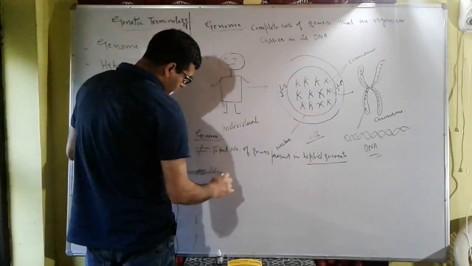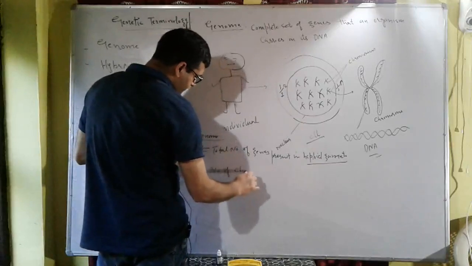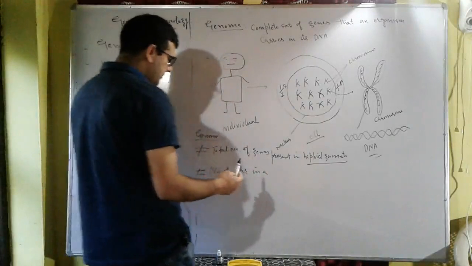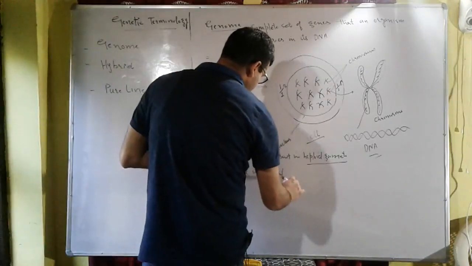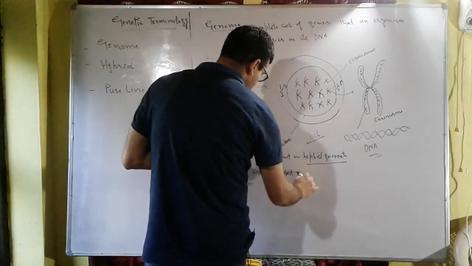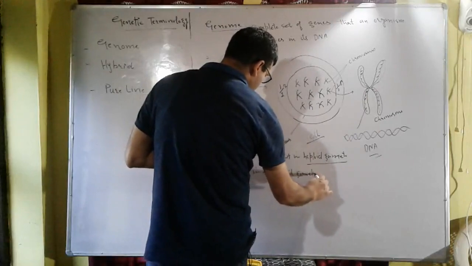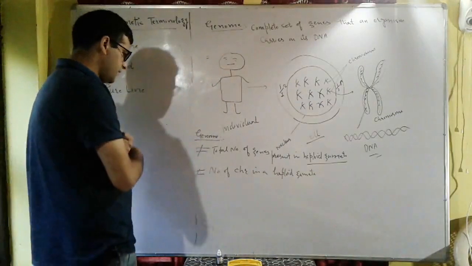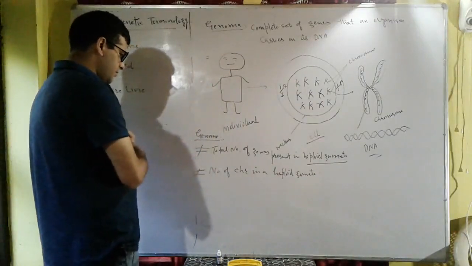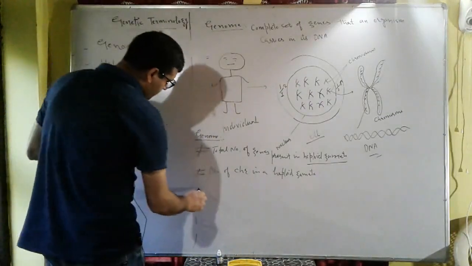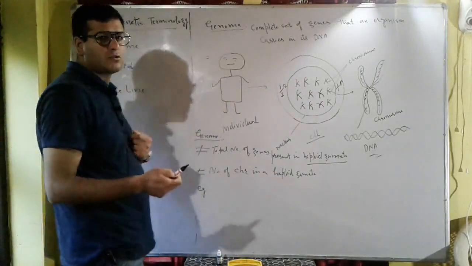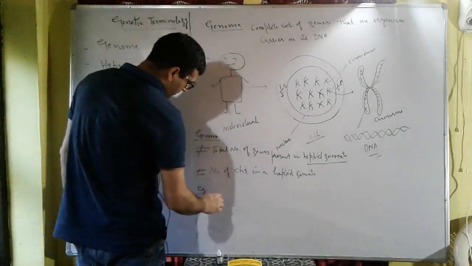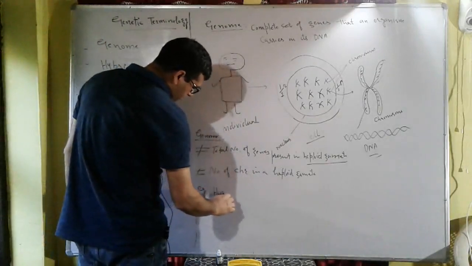Number of chromosomes in a haploid gamete. For example, we say that in human genome there are 23 pairs of chromosomes.